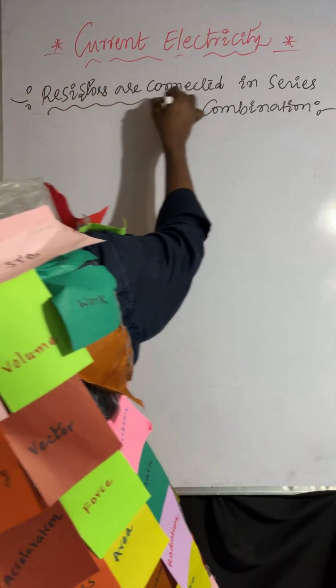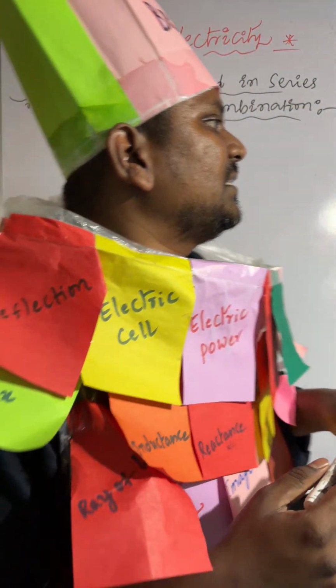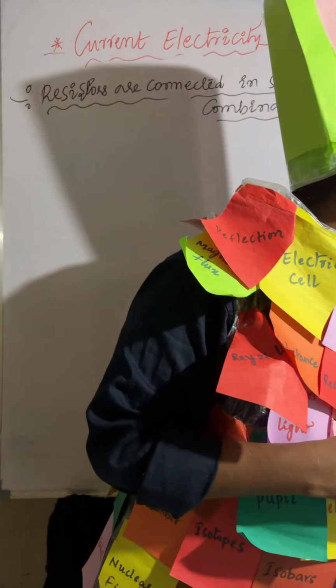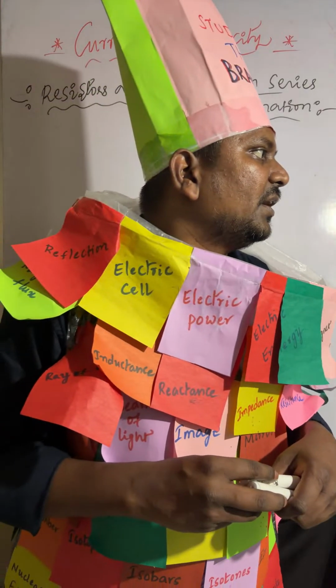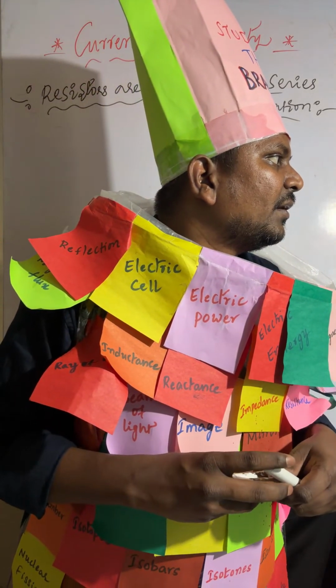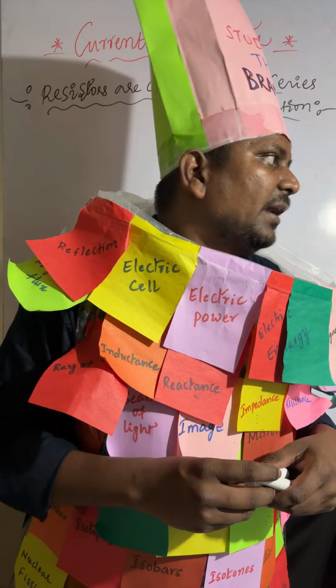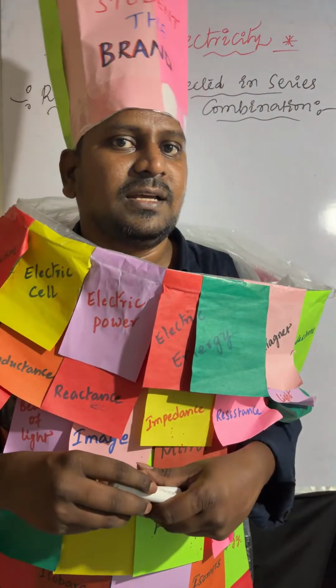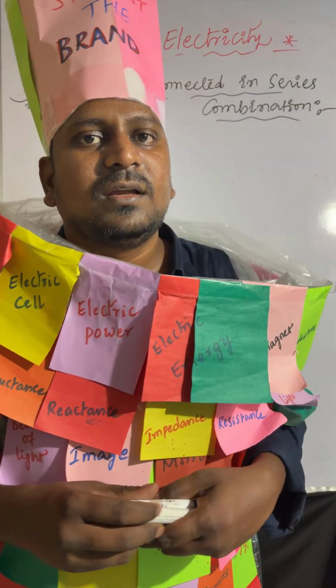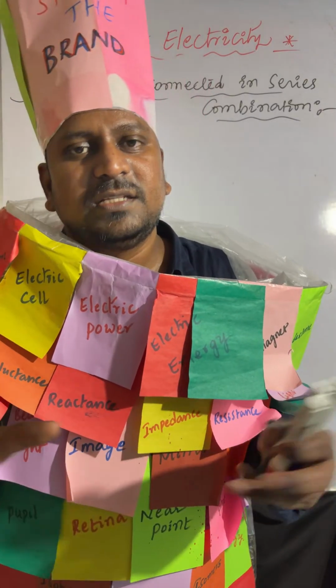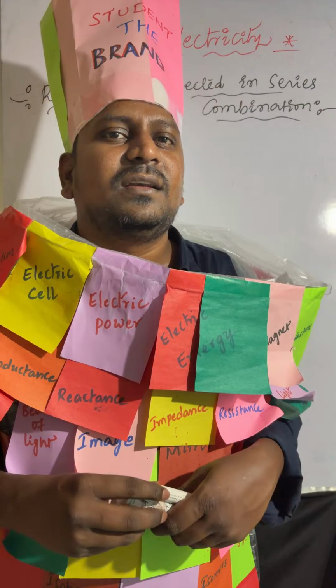So here you can observe resistors. Resistance is a phenomenon. In the coming class I will be explaining internal resistance and everything, internal resistance, external resistance. In the cell there will be internal resistance.